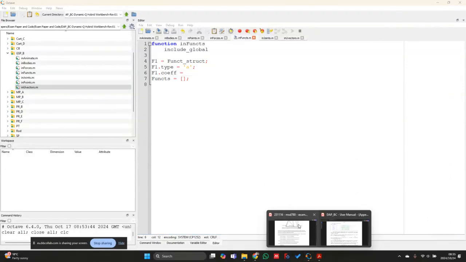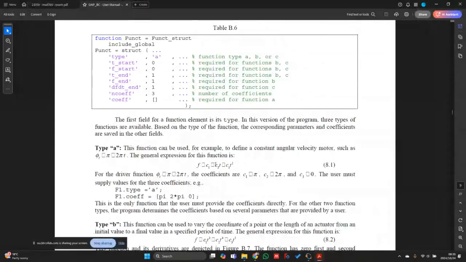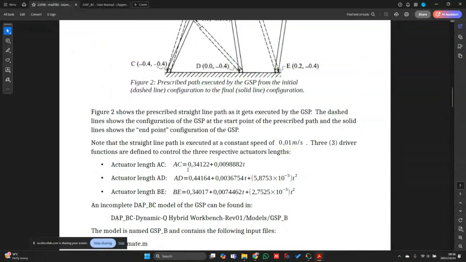Now, if I look at the order of the coefficients, I specify C1, which is the constant, C2, which is the part that's multiplied by t, and C3, which is the part multiplied by t squared. And for my actuator lengths, I can see it's already ordered in that form. So I have the constant first, then whatever value is multiplied by t, plus, in this case, just 0t squared. So I just have to carry over these values.